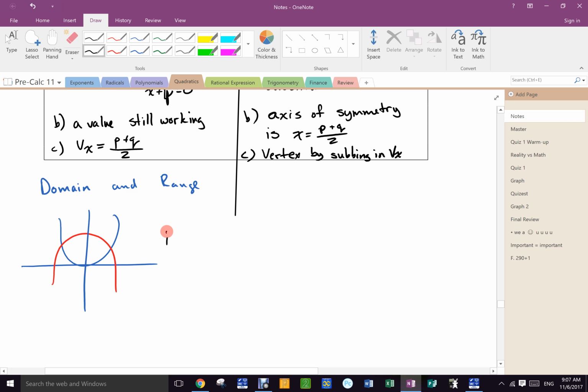So, in math, what are the possible domain values?